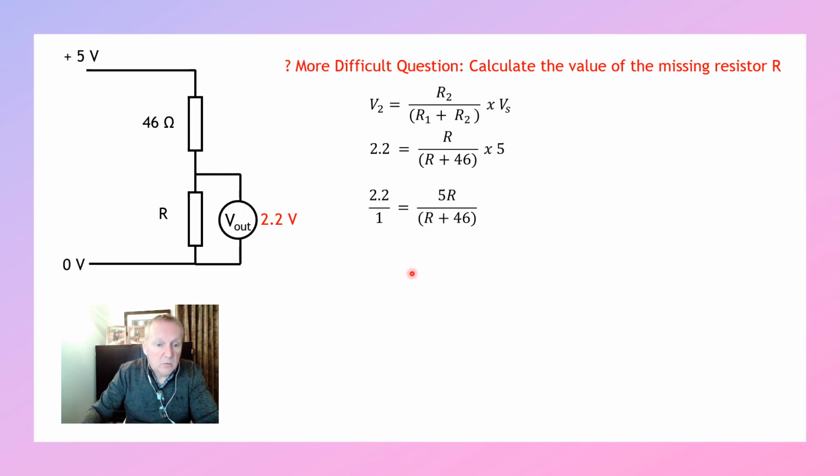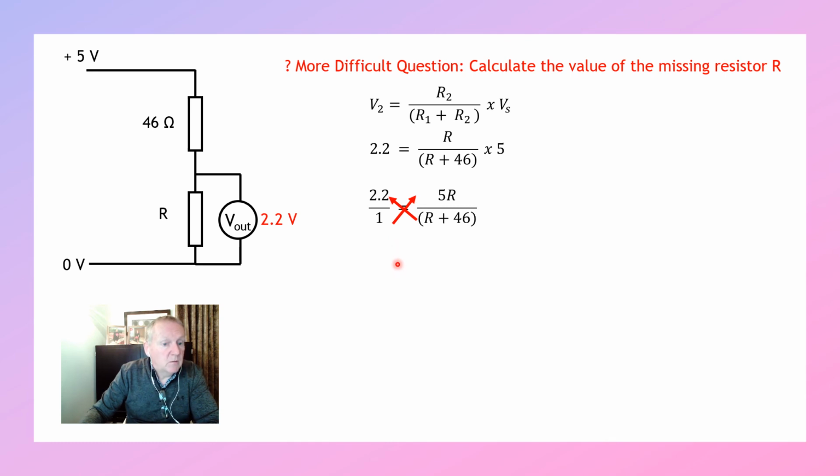Okay, so then it gets a bit complicated, because we're going to turn it into cross multiplication. So I've just said 2.2 over 1 just because we're going to cross multiply. Now R over R plus 46 times 5 just means 5R over R plus 46.